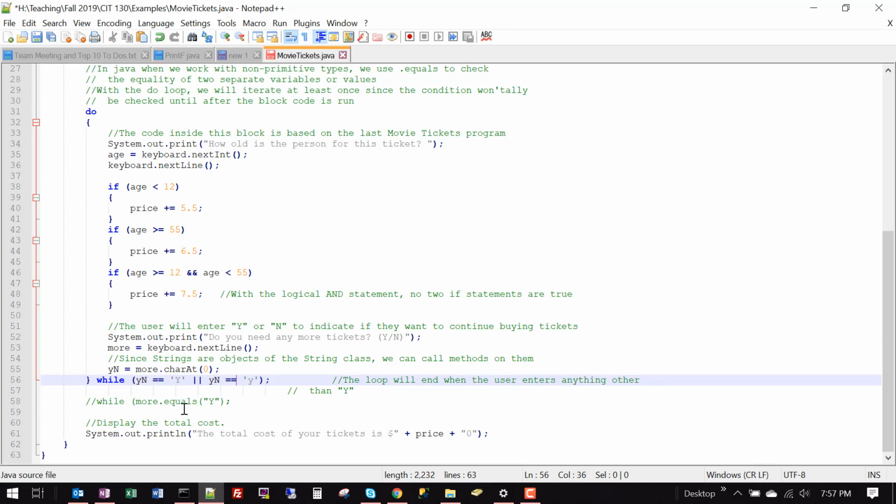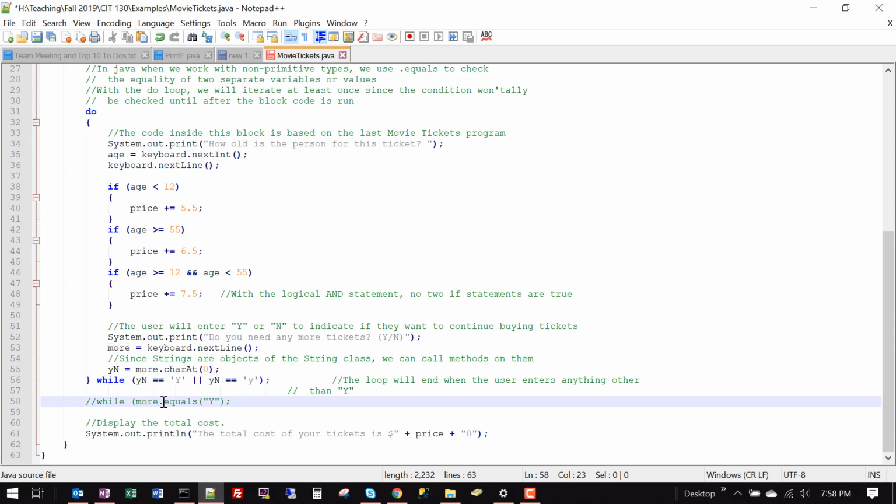Now the second thing that is probably the bigger thing that jumped out to you is here I used the double equals, and here I used dot equals. When we deal with reference types, which are variables of classes, objects from classes, we want to compare those using this dot equals method.